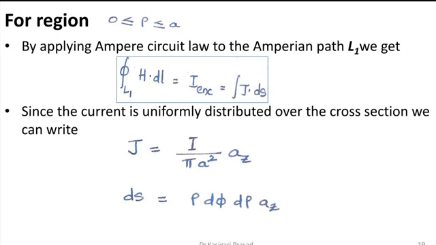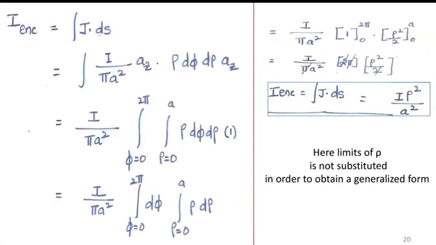Therefore ds, the differential surface area, is rho d phi d rho in the a_z direction. I enclosed is equal to integral J dot ds, that is equal to integral of I divided by pi a squared a_z, dot rho d phi d rho a_z.